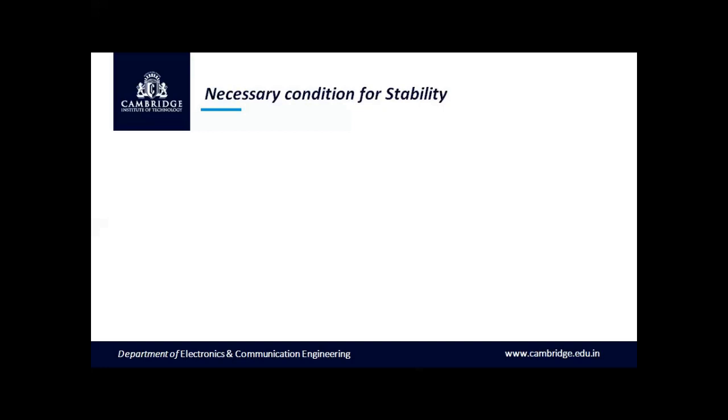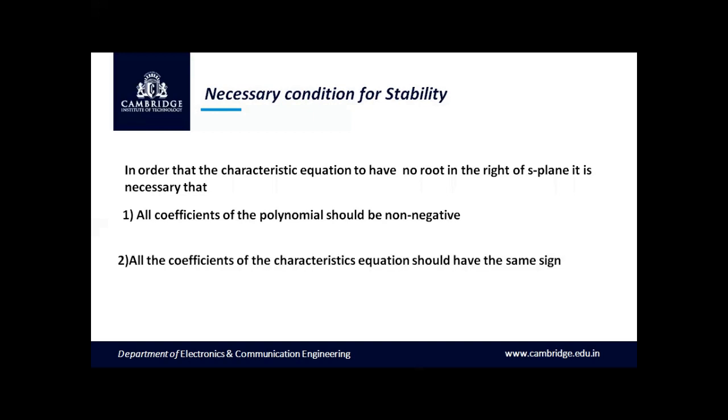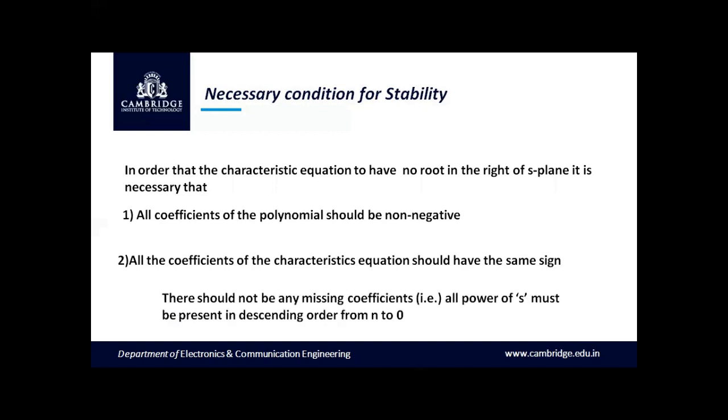To ensure the roots of the characteristic equation lie in the left half of the S-plane, it is necessary that all the coefficients of the characteristic equation should have the same sign. And also, there should not be any missing coefficient, that is, all powers of S must be present in descending order from n to 0.